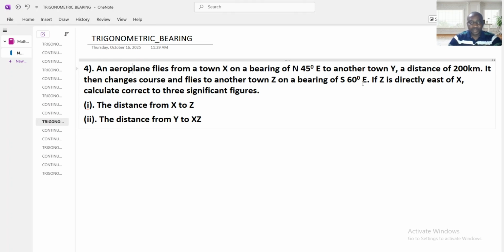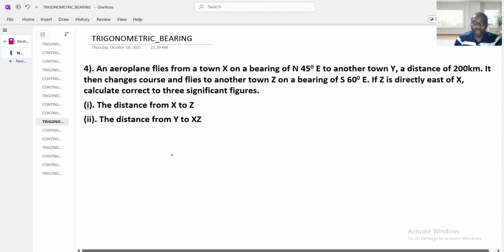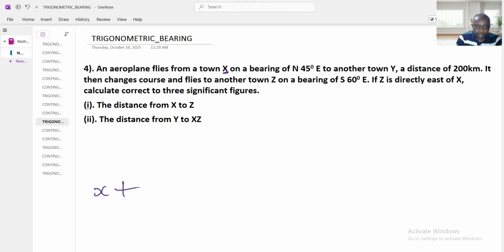Now let's begin. The question says an aeroplane flies from where? The starting point is what? It's from a town X. Therefore, we are going to start here. Let's assume this is X. This is north. Let me just label this north, south, west.